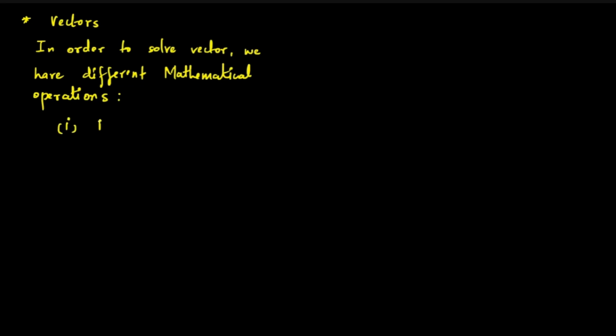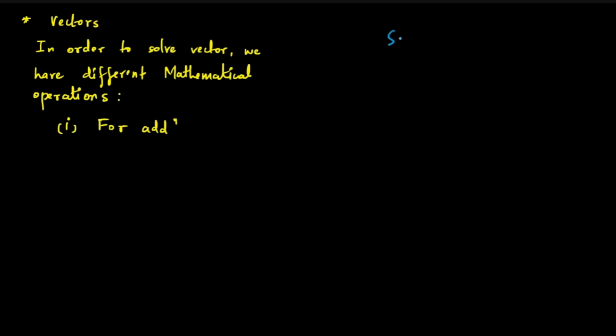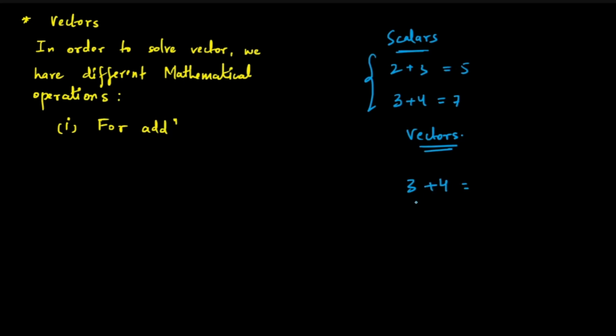First, for addition. When we are solving scalars, we know 2 plus 3 is going to be 5, and 3 plus 4 is going to be 7. This is how scalars can be added. But what about vectors? Vectors are built different. If I say 3 plus 4, the vector sum is something which can lie between 1 to 7. Any number is possible.